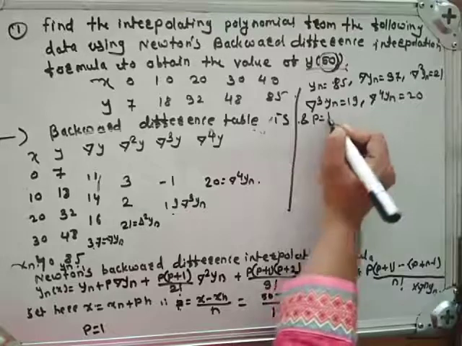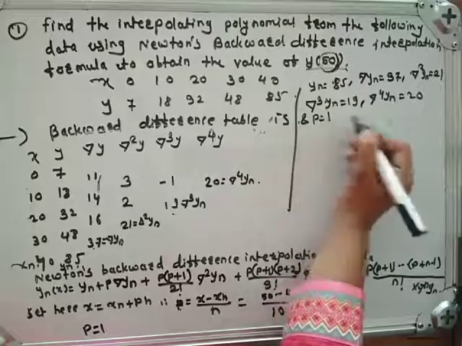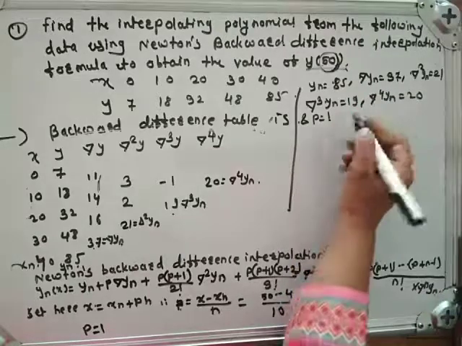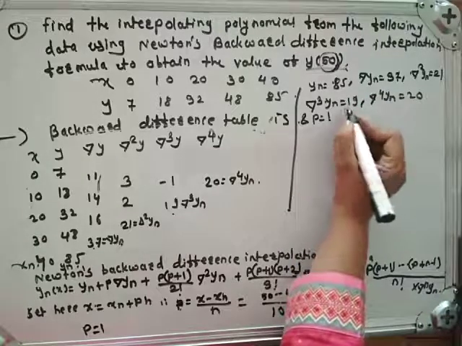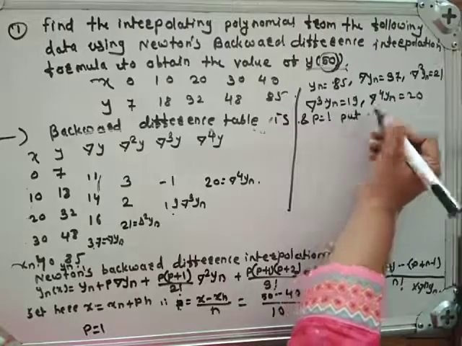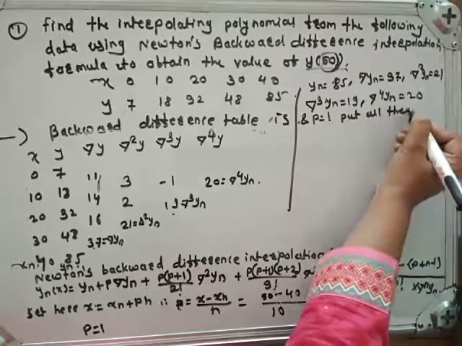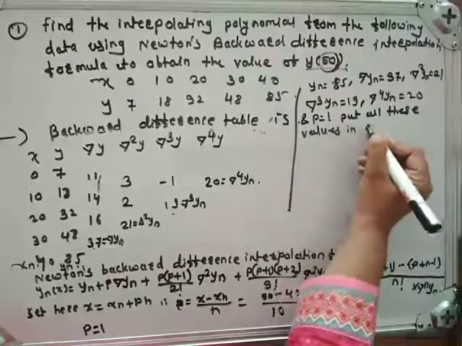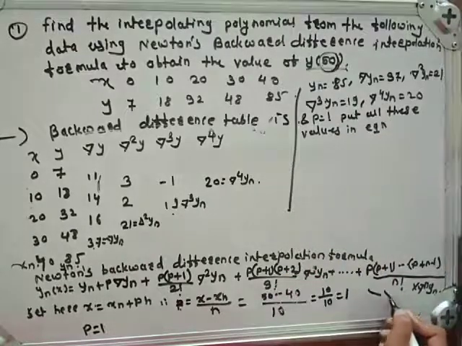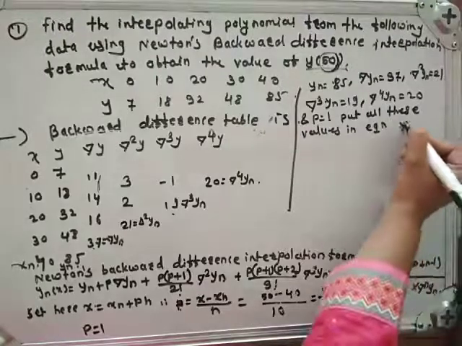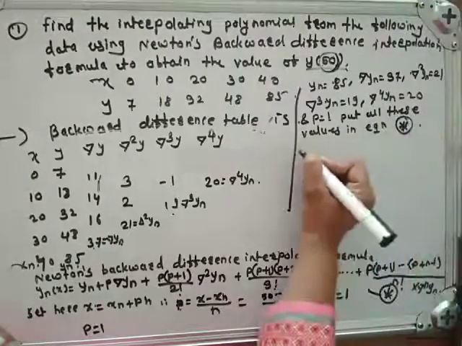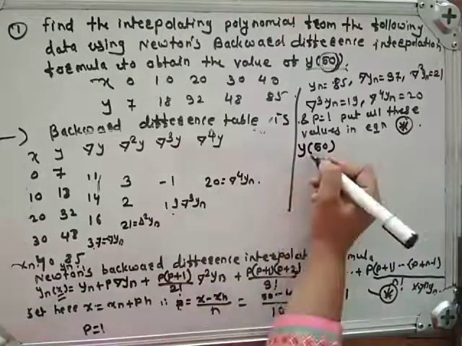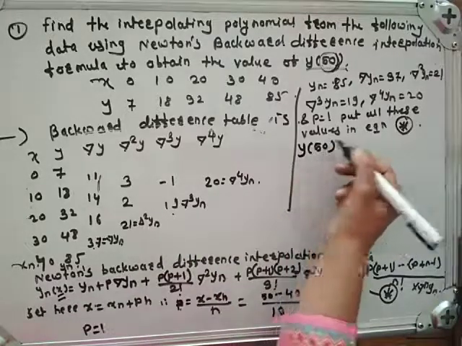Substitute all these values in the equation. Suppose we call this equation star. In star you will get y of 50, because here we will replace x by 50.